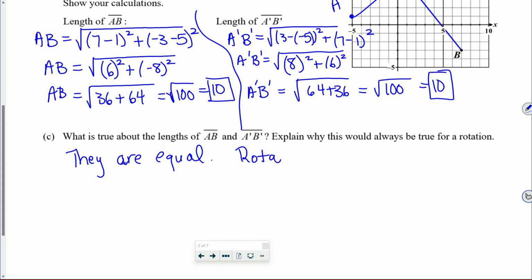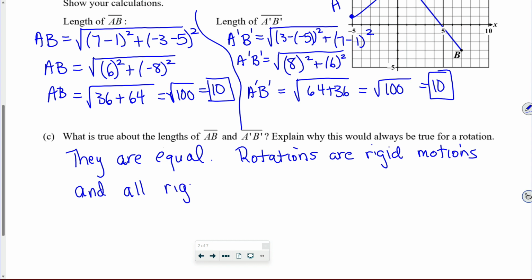Rotations are rigid motions, and all rigid motions preserve distances.